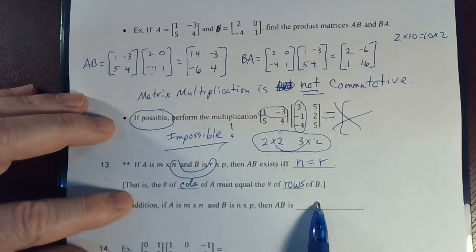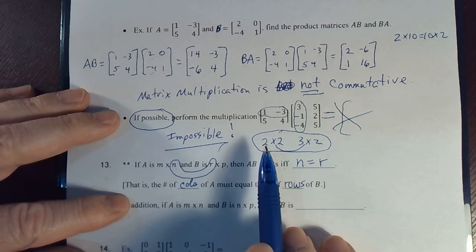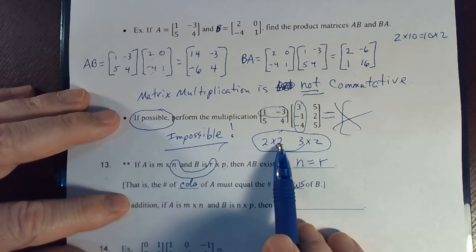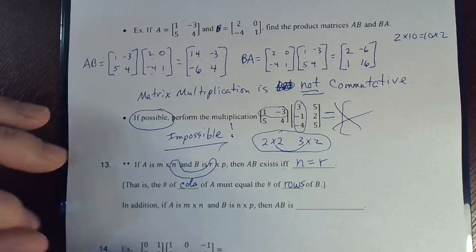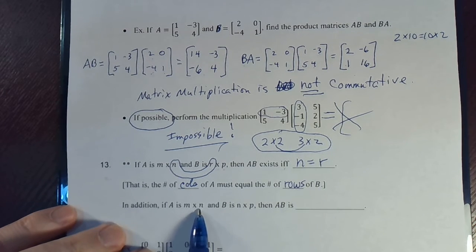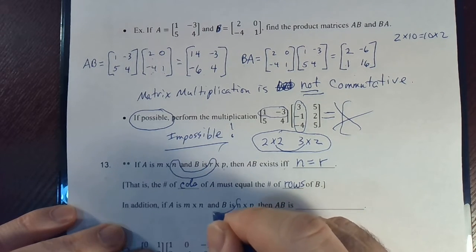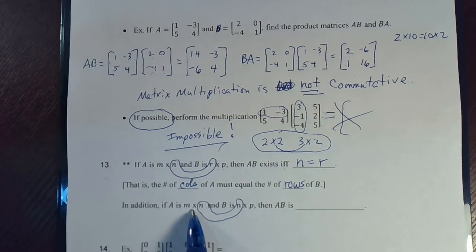rows of B. It's easiest for me just to write down the dimensions or the size of each matrix and verify that the 2 inside numbers match. If they do, if they're equal, you can multiply them. If not, you can't. In addition, if A is m by n, and this time I forced them to be the same, notice that the 2 inside numbers, m by n by p, the inside ones are equal.